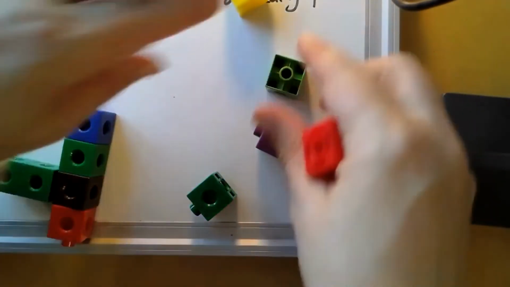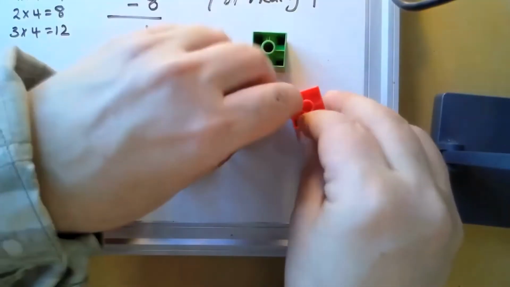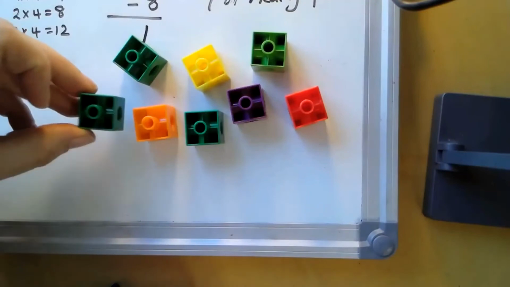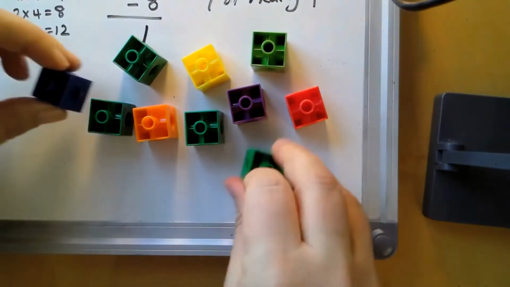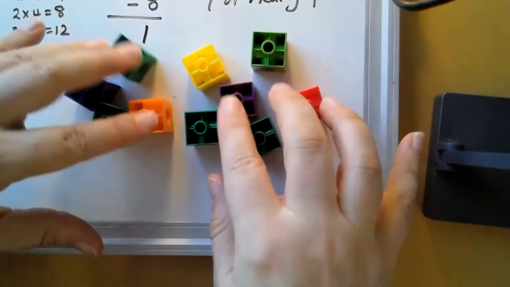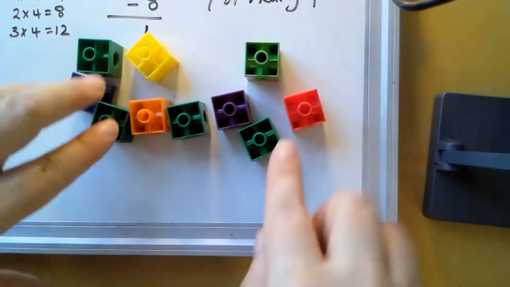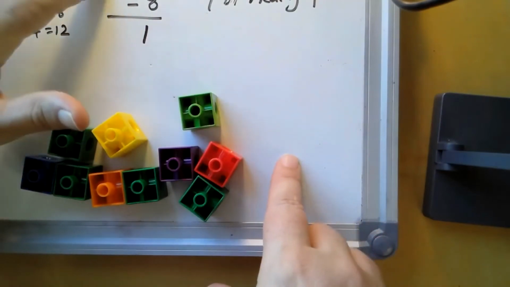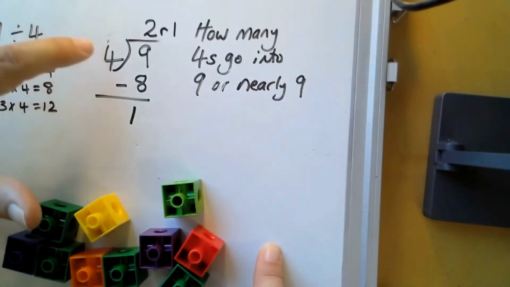So if we've got 9 blocks here, 1, 2, 3, 4, 5, 6, 7, 8, 9. Imagine these are candies, and we're splitting them up between 4 people, because we're dividing by 4.